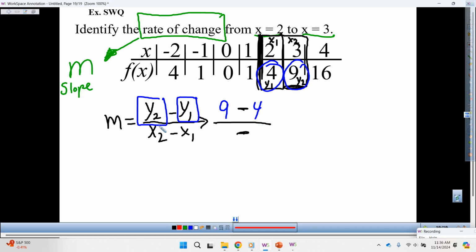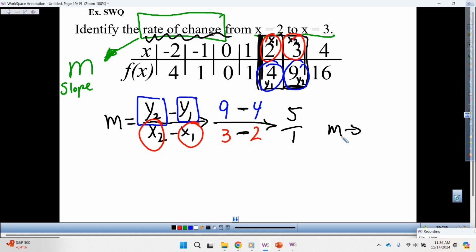Okay. Then I go to x sub 2. What is x sub 2? 3 minus x sub 1, which is 2. So, 9 minus 4 is 5. 3 minus 2 is 1. So my rate of change, or in other words, my slope is what? 5 or 5 over 1.